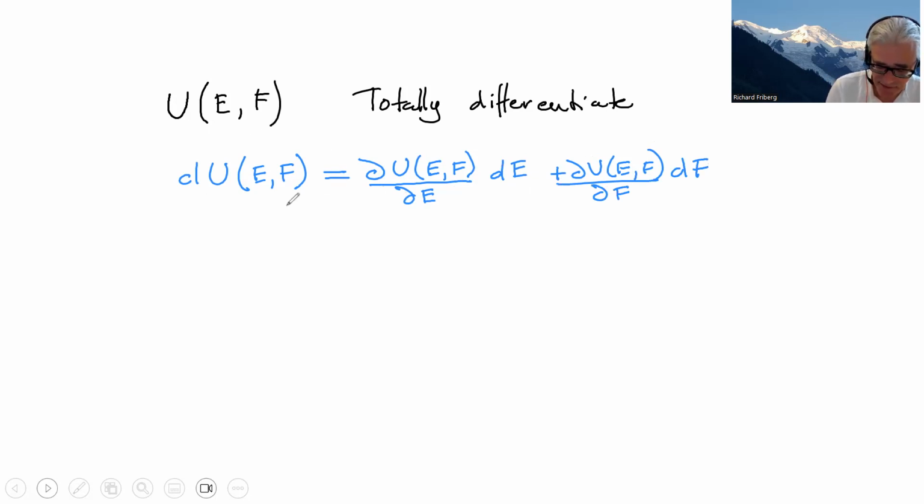Okay, so how does utility change? It depends on how much E changes and the impact of that, and how much F changes and the impact of that. If we're on the indifference curve and we're letting these things change, what do we know? We know that the change in utility is equal to 0 along the indifference curve.